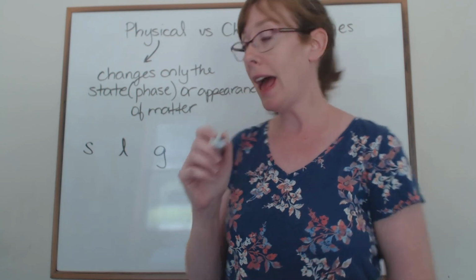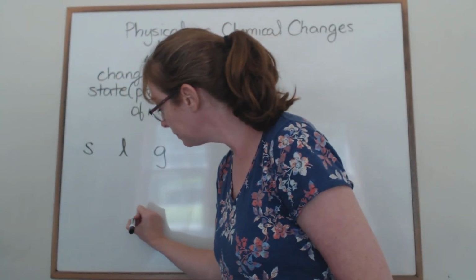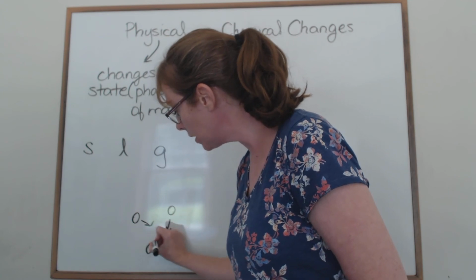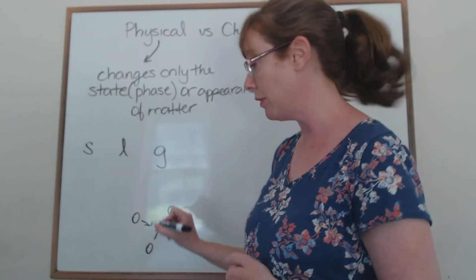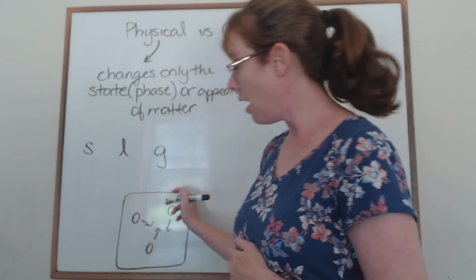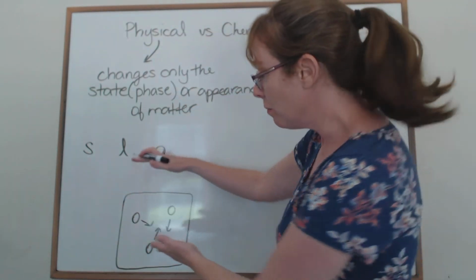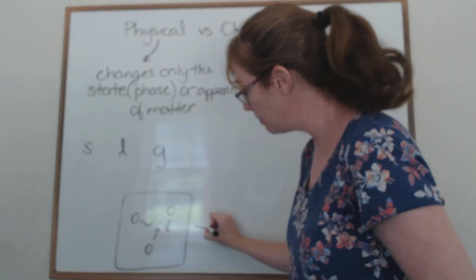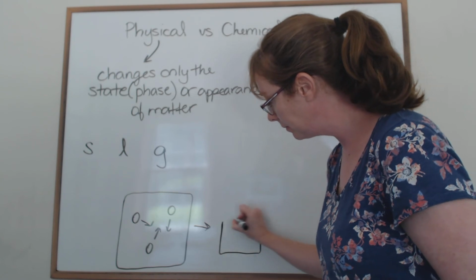Propane is normally a gas, okay? So if you picture a gas, remember we talked about that the molecules are really far apart, when they're a gas. If you take a sample of propane gas and you squeeze the container, what you're doing is you're essentially pushing those molecules together.